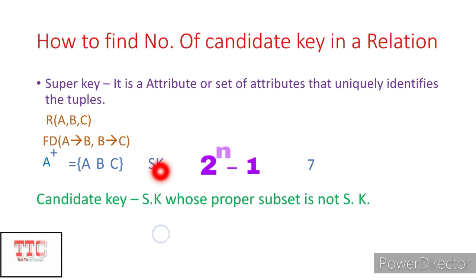If more than one super key is found, then we need to check whether each super key is a candidate key or not. This is a very lengthy process. That's why we will discuss one short trick here, how we can find the number of candidate keys in a relation. It will save your time in competitive exams.